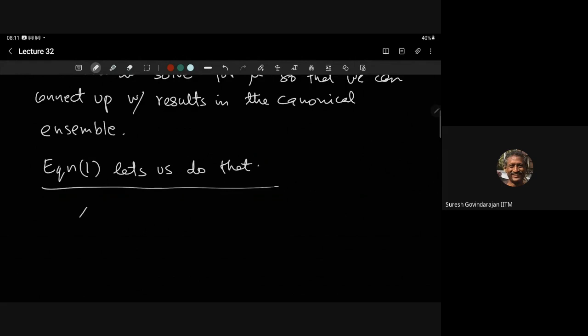It says lambda cubed over little v equals f_{3/2}(z).